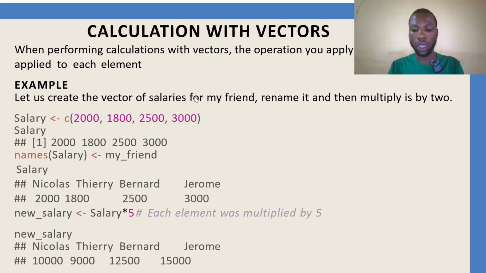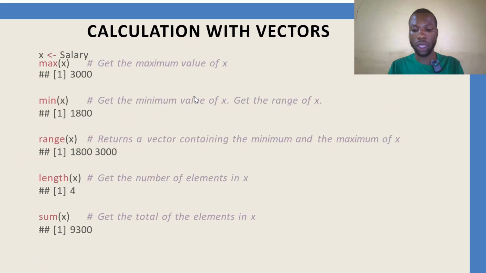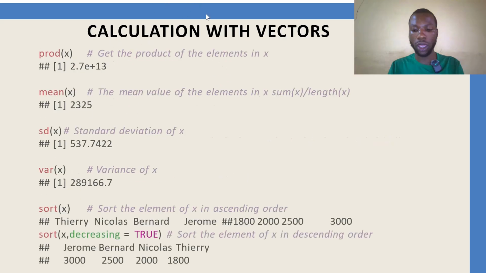Then I can multiply by 5, or using salary I can also calculate the maximum, minimum, and range. To get the number of elements in a variable or object, let's say I have an object called x or age, and within age I assigned a lot of values but I don't remember how many. If you need to know how many, you will use length to see it.